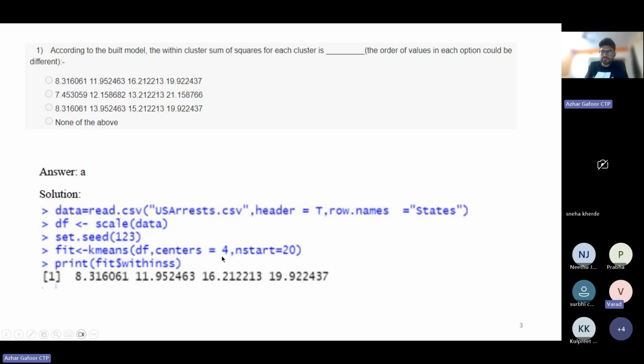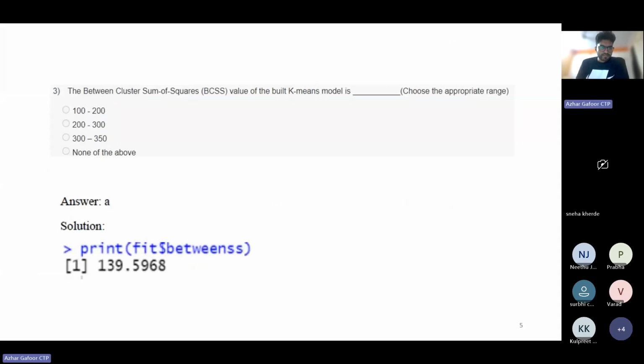So problems of those sorts can come. But different functions in R, basic functions, you should know. All those things can happen in the questions. For example, if they ask, using k-means, what is the command to print the between cluster sums, then you will have to type whatever is shown here, print fit between SS.